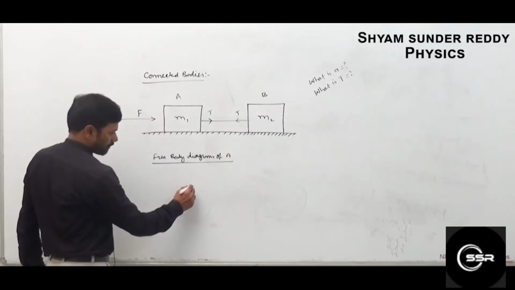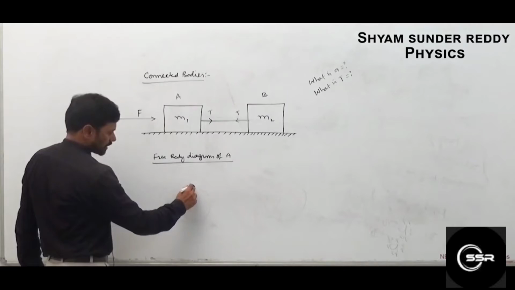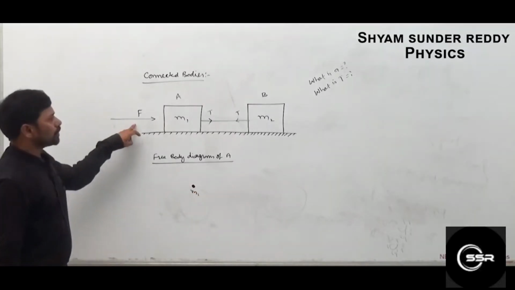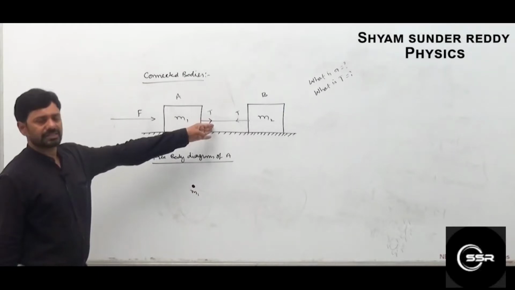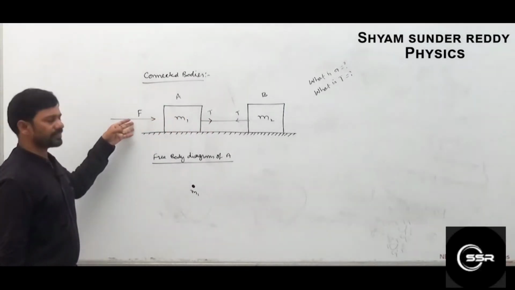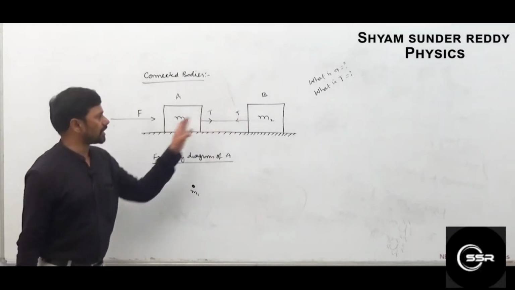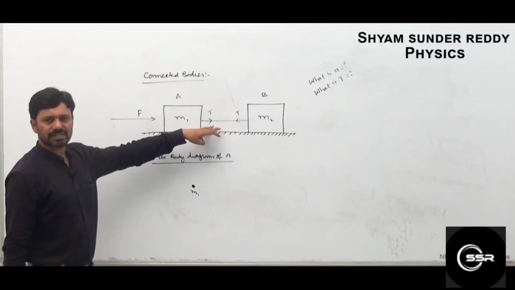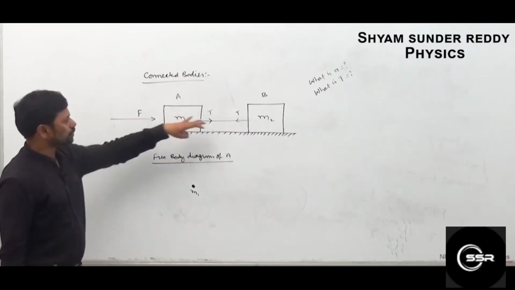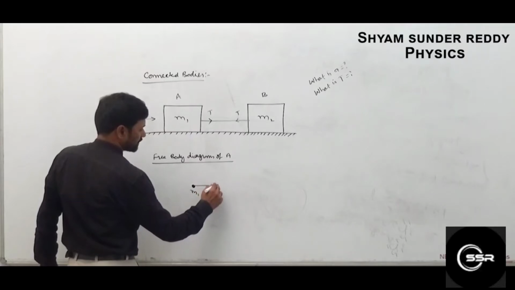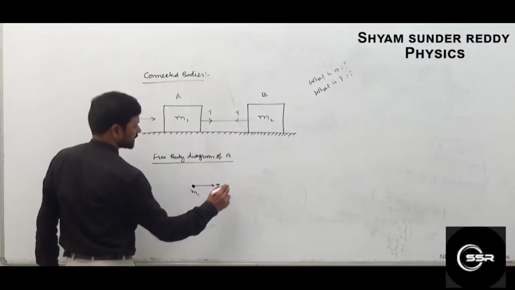This is the point mass M1. In this, two forces are acting. One is the applied force F and the other is the tension between the two masses. This is also a force. So two forces are acting, the tension, take it as T.